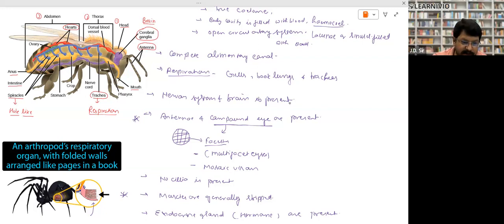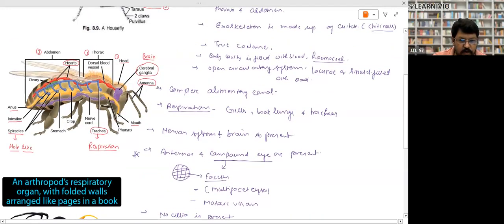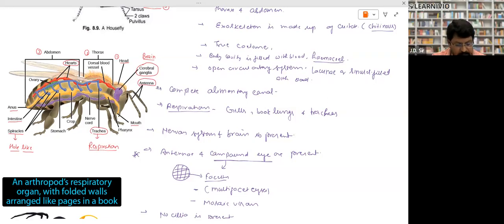It consists of a nerve ring and a solid ventral nerve cord. Solid ventral means at the lower side. Solid ventral nerve cord. Full stop.